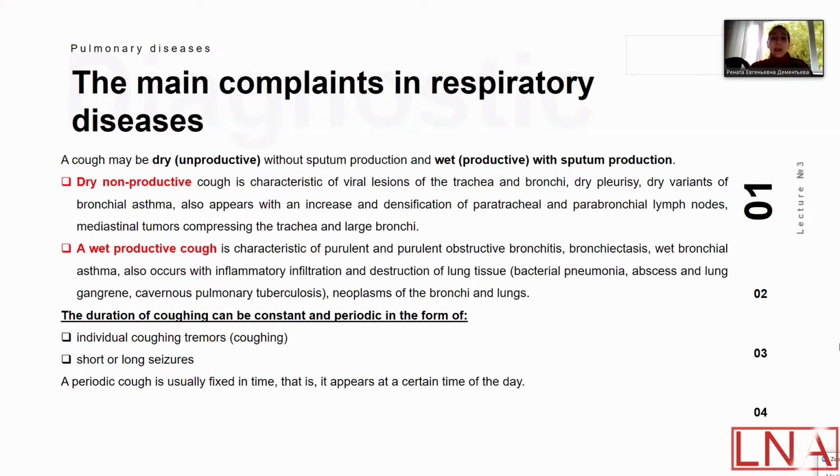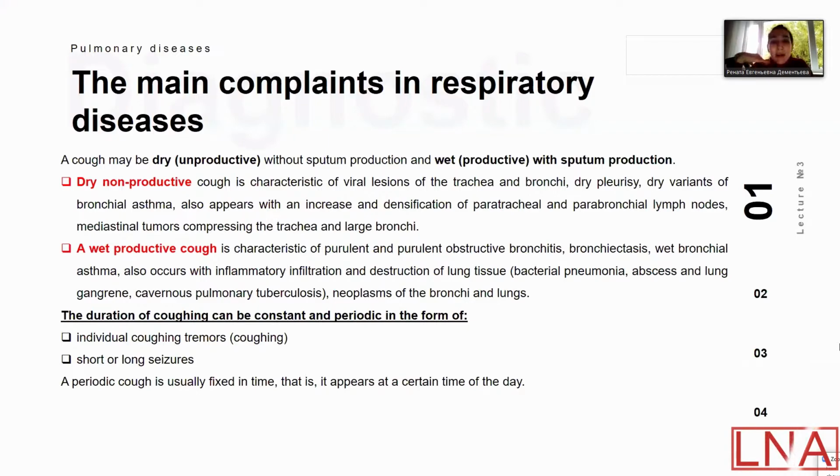Next, a wet or productive cough is characteristic of purulent and purulent obstructive bronchitis, bronchiectasis, and wet bronchial asthma. It also occurs with inflammatory infiltration and destruction of the lung tissue in the development of bacterial pneumonia, in the formation of abscesses and lung gangrene, and in cavernous pulmonary tuberculosis with a repeated inflammatory process, and in neoplasm of the bronchi and lungs.